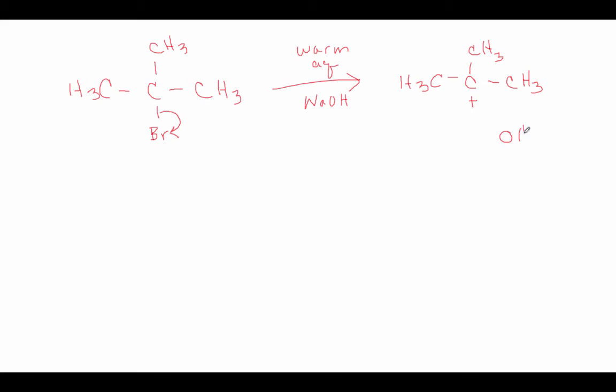Then in that solution, the second step is for this pair of electrons to be attracted to and bond with that carbon, making a tertiary alcohol. That would be the Sn1, and the slow step is the bond electrons leaving with the bromide group to form that carbocation.